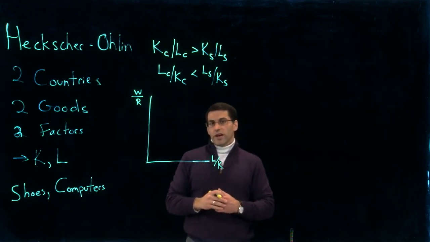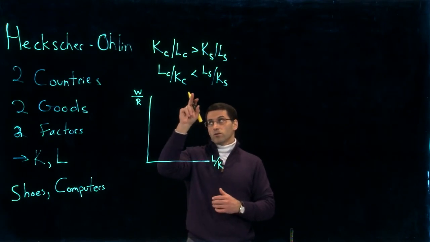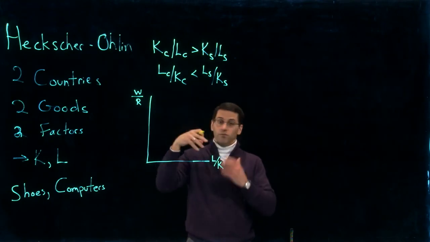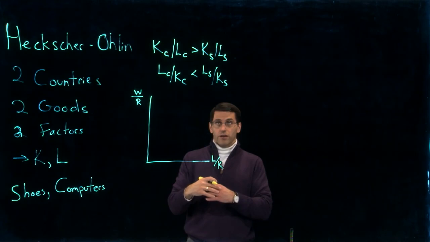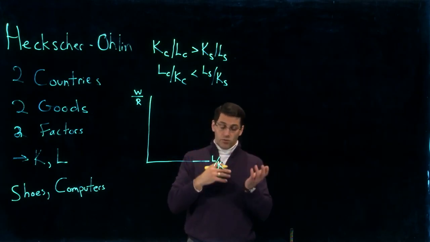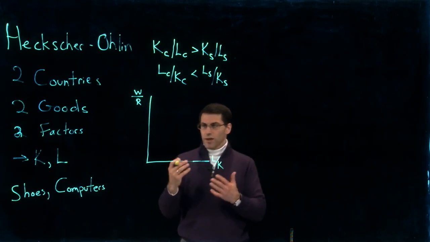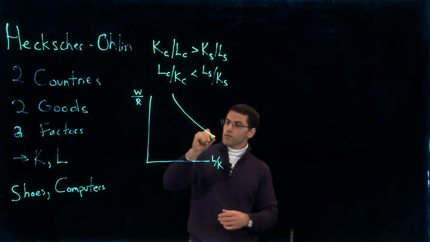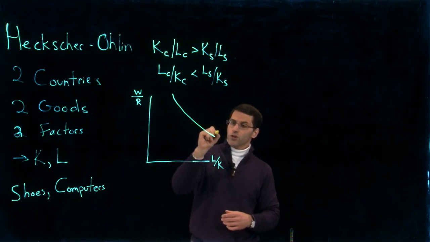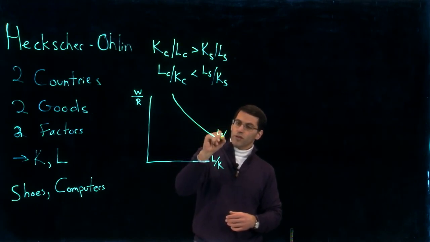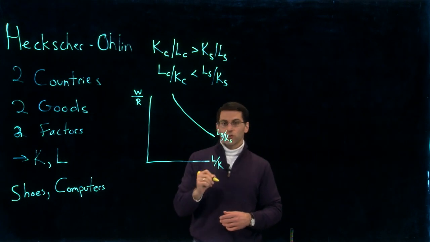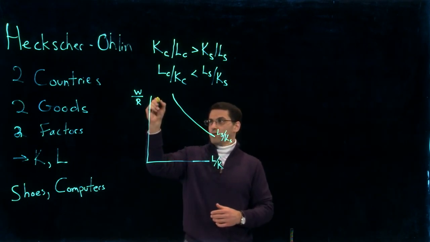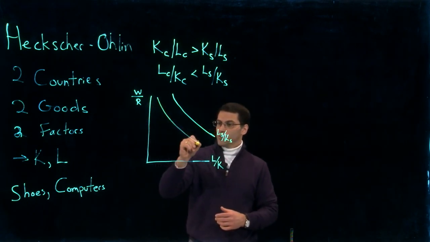So if computers are capital intensive, the flip side being that shoes are labor intensive, what does that mean? Well, that means that for any given wage to rental rate, the ratio of labor to capital employed in shoes is higher than that for computers.